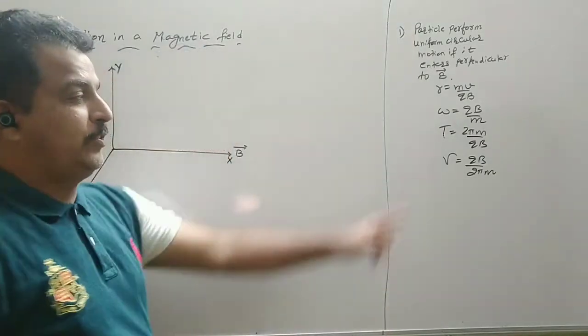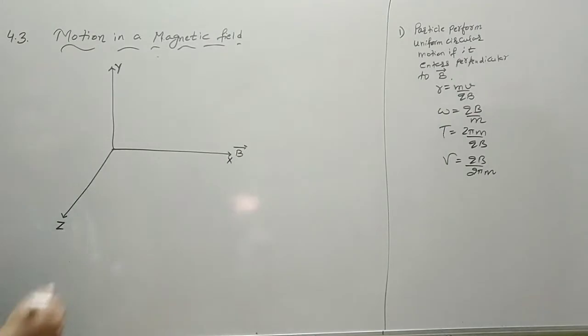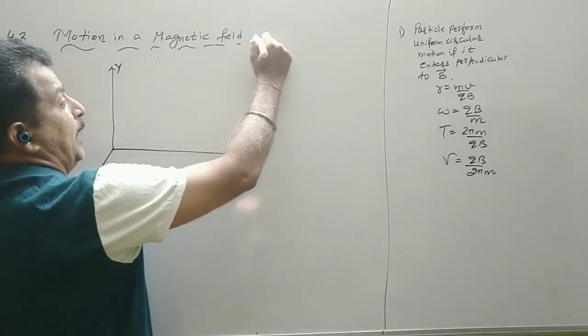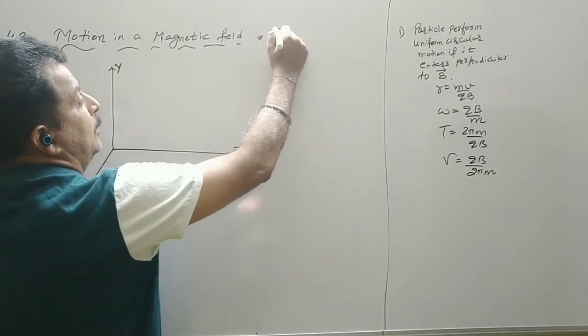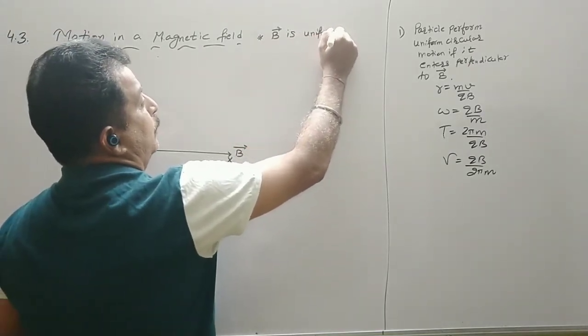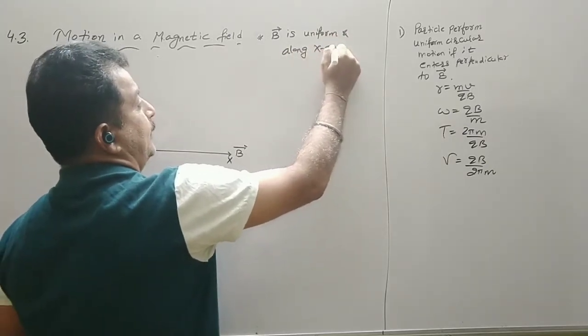These are the expressions for a uniform circular motion. Now the particle will enter making an angle theta. So we assume that B is uniform and along the x-axis.